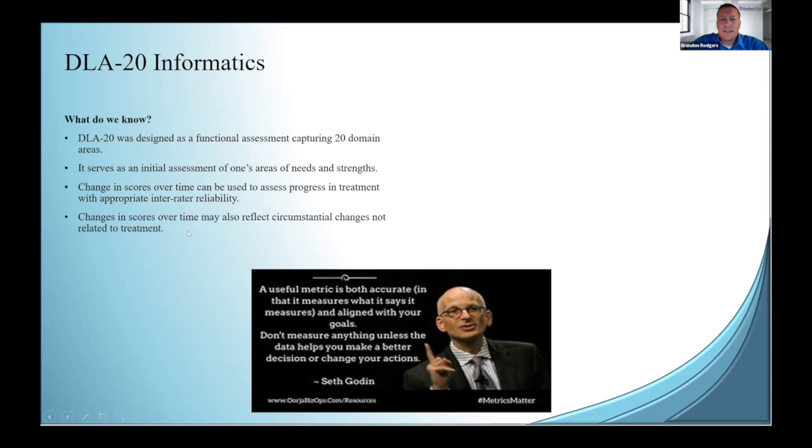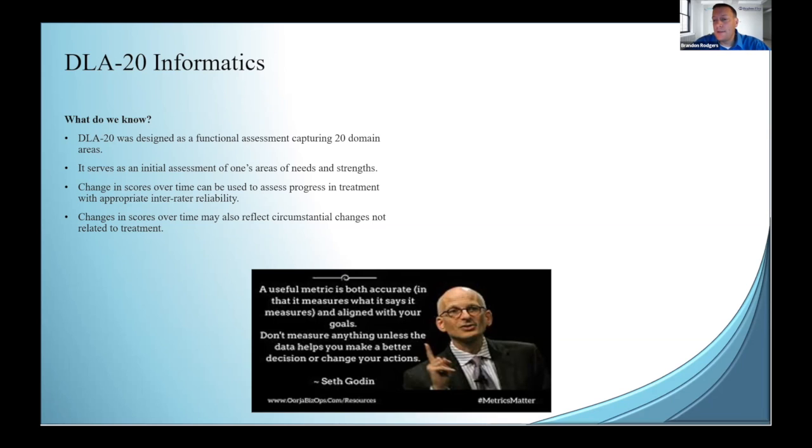Change in scores over time may also reflect circumstantial changes that aren't related to treatment. So when we've talked about using DLA 20 as a metric in the state, one of the things that we focused on is that there are things that impact your DLA 20 scores outside of treatment. If Brandon enters treatment, maybe for substance abuse, and he starts to get things under control, he may drop in some of his social connectedness domains.